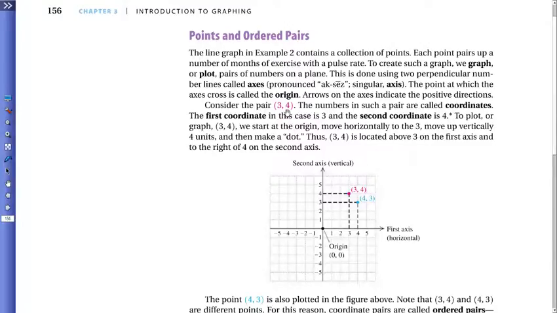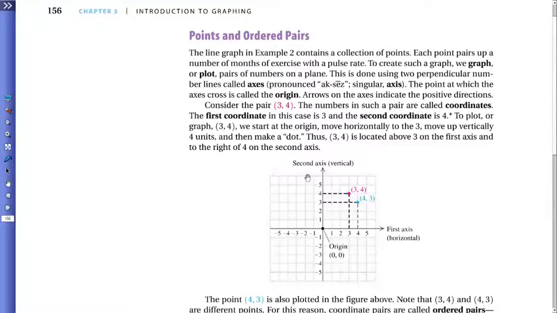Now consider the pair 3, 4, here in the red. They're going to be talking about this point. Well, when numbers are in such a pair, they're called coordinates. The first coordinate in this case is 3, and the second coordinate is 4. To plot this, we graph 3, 4.